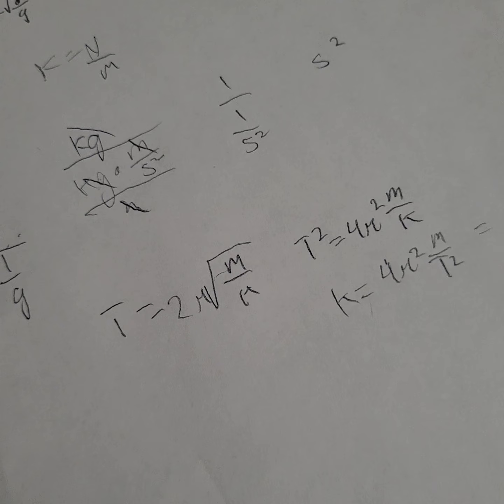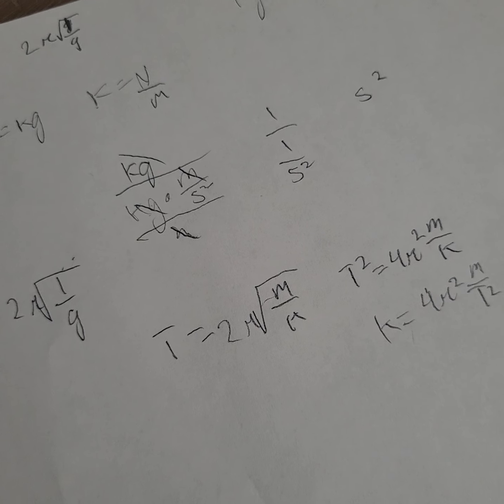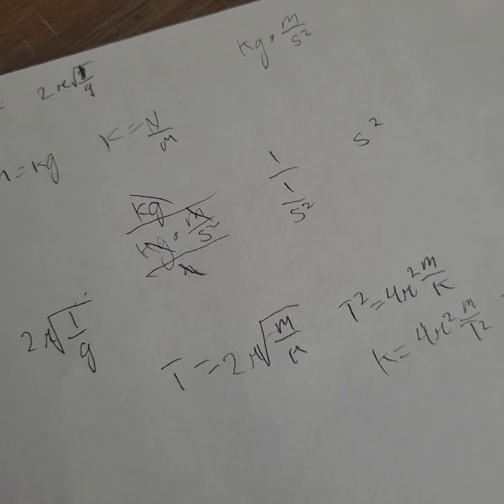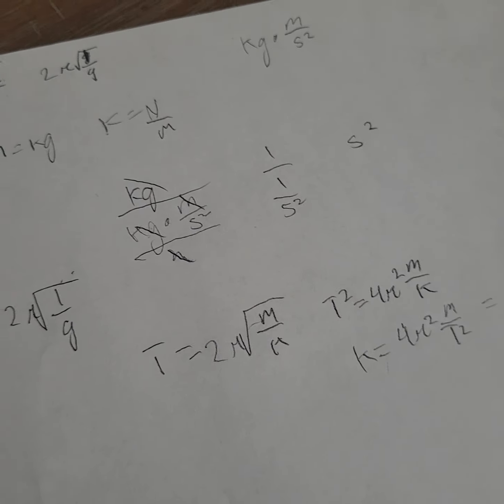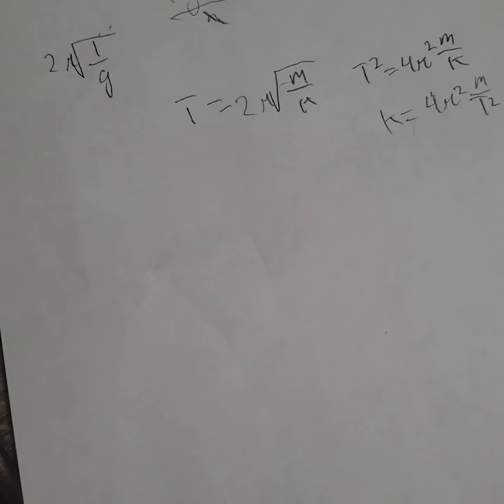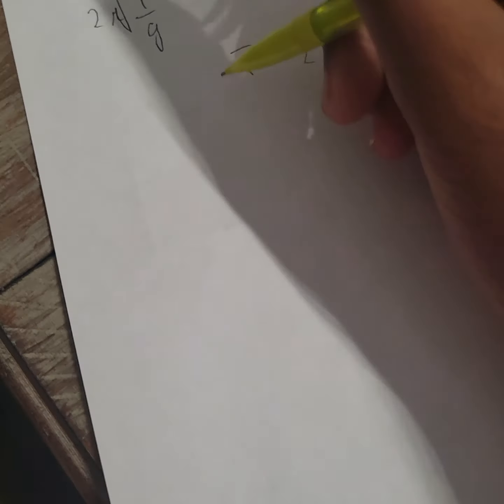The next question I missed was asking how the period of a pendulum would be affected when it was taken to a planet with 25 times the mass and 9 times the radius. So to solve this, you would first of all realize from the equation sheet that gravity is equal to GM over r squared, and you can just plug this into the equation of a pendulum, which is T equals 2π√(L/g).